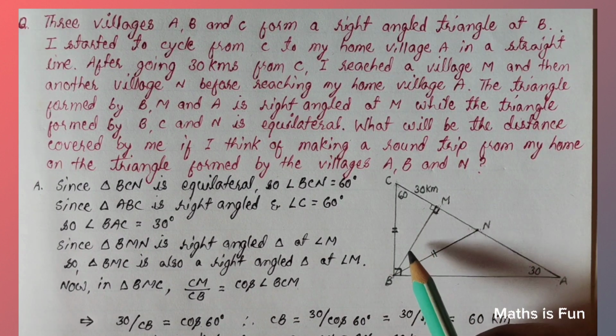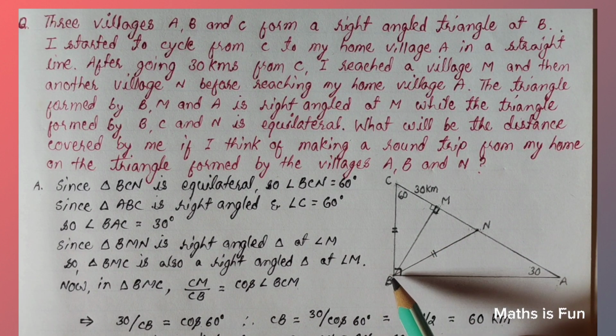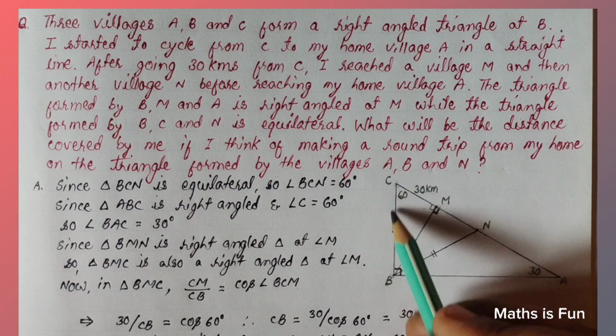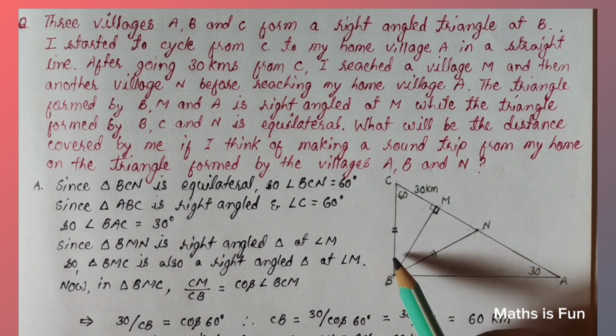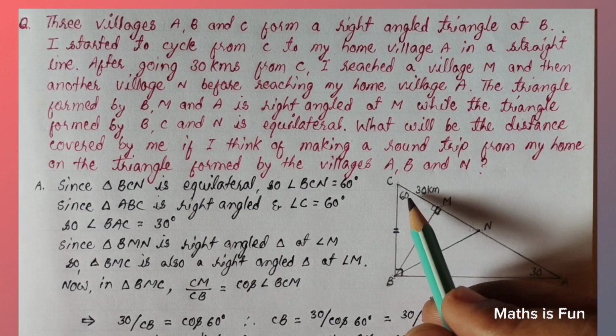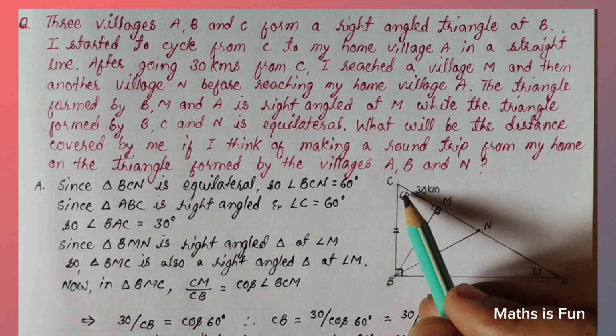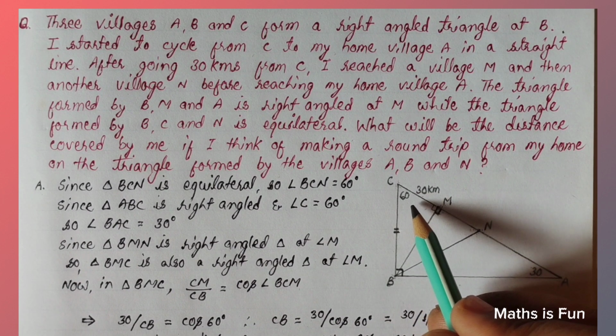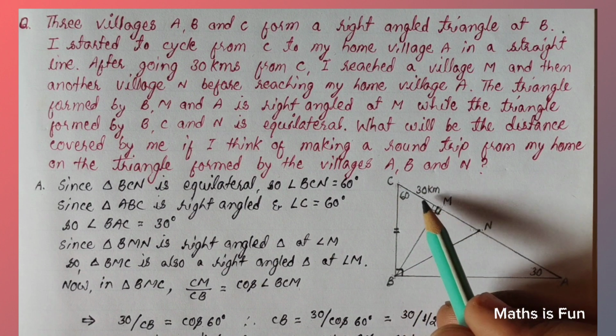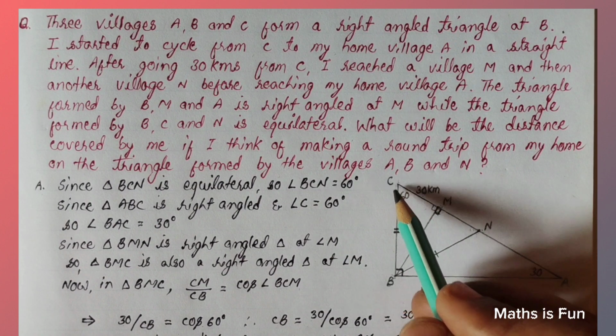Now you can bring your attention to triangle BMC, which is a right angle triangle. In this triangle, cos of angle BCM, that is cos 60 degree, will be equal to the base of this triangle, that is CM, over the hypotenuse of this triangle, that is CB.